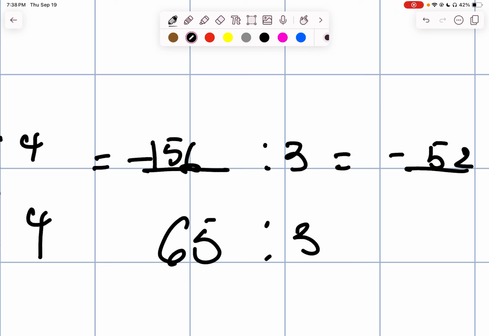So 65 divided by 3, nope. 65 divided by 2, nope. 65 divided by 5 is a good number for the bottom, but 156 divided by 5 is not a good number for the top.